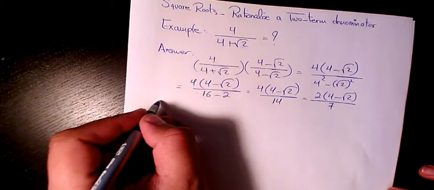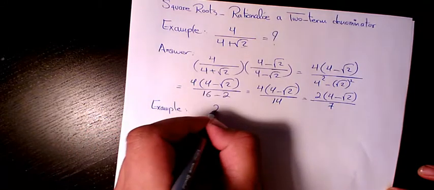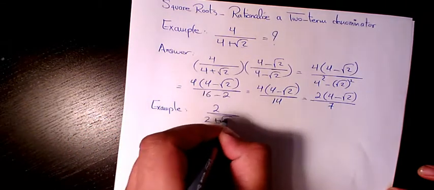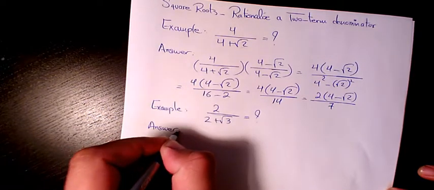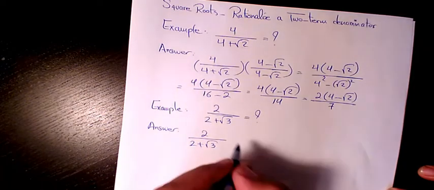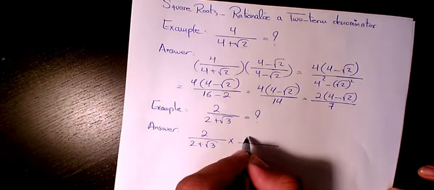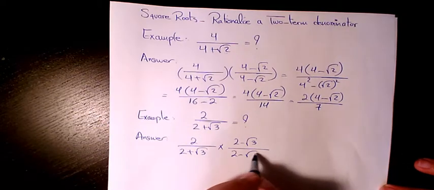Next example is 2 over 2 plus root 3. How do you do it? We have 2 over 2 plus root 3 multiplied by the conjugate, which is 2 minus root 3 divided by 2 minus root 3.